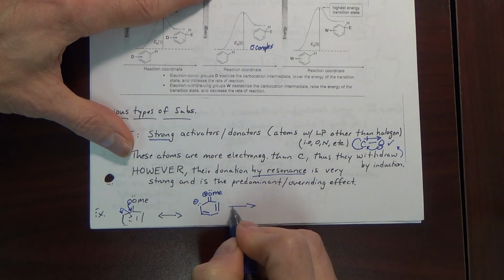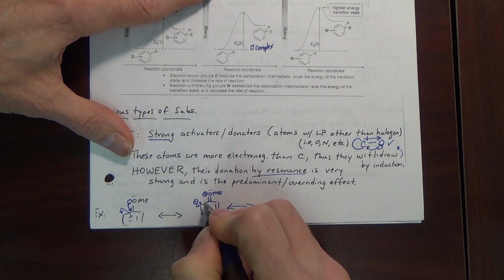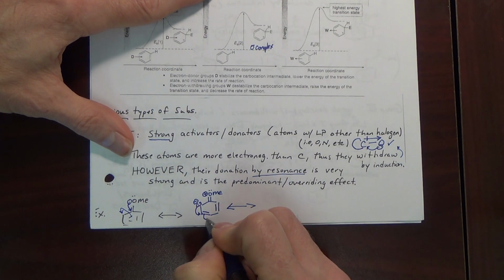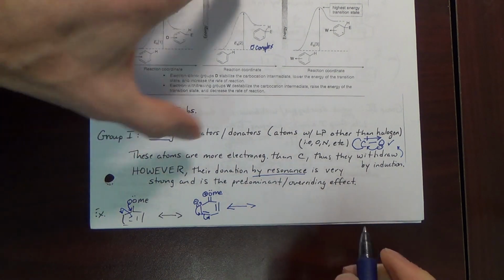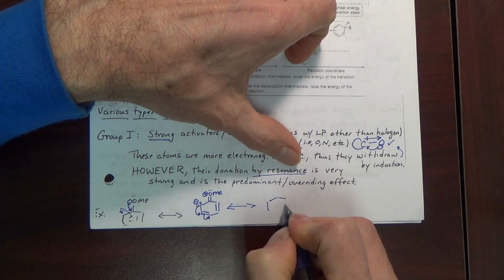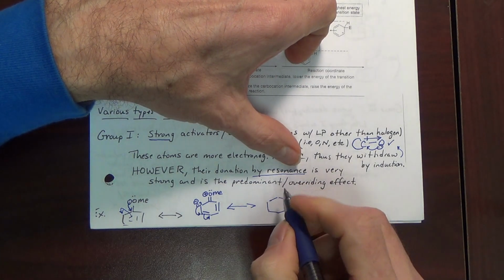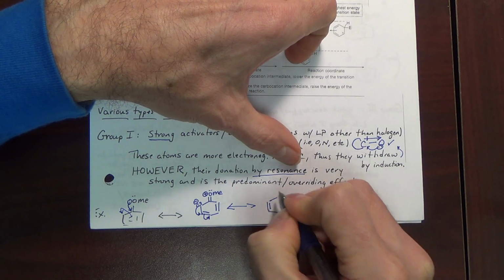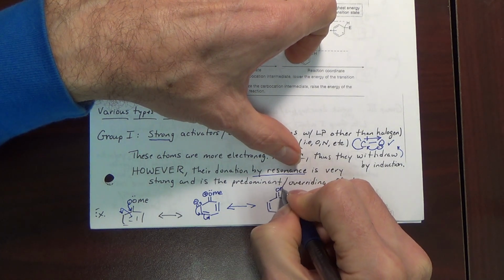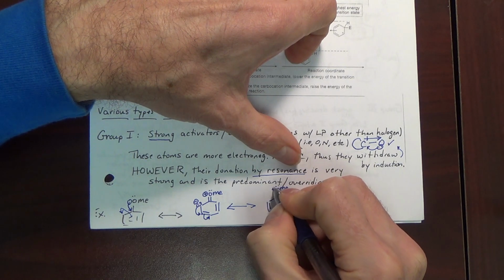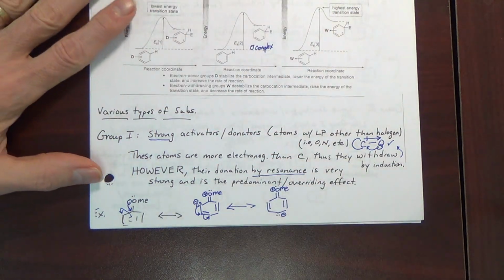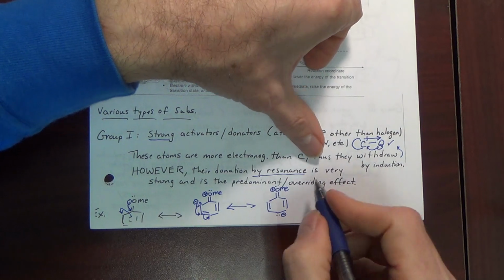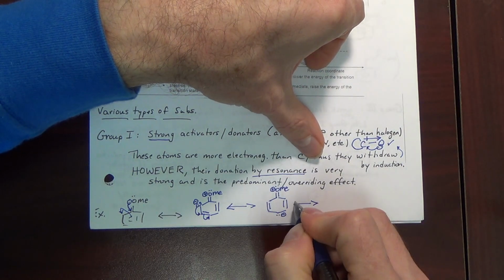But we can keep going. These electrons can move in here. These pi electrons move out. We can keep going again.